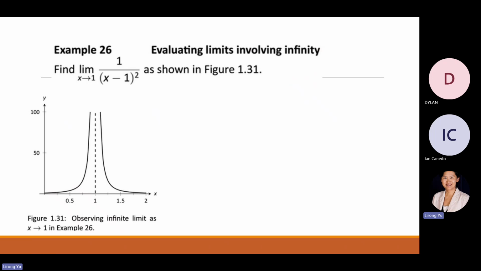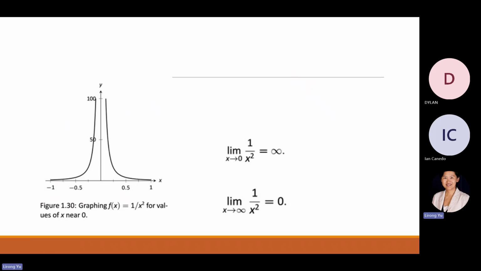So x equal to 1 is called a vertical asymptote, because you see a limit value that is approaching infinity. Whenever the y value is going to infinity, we have a vertical asymptote. So in this graph, x equal to 0 is a vertical asymptote.